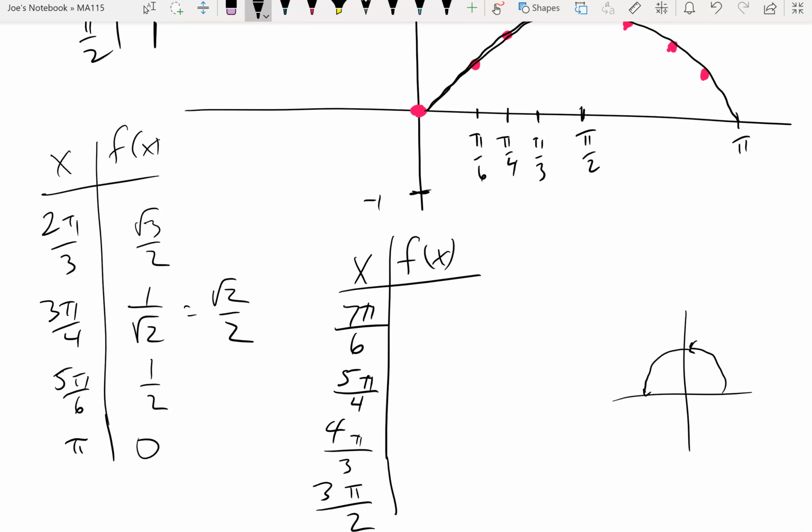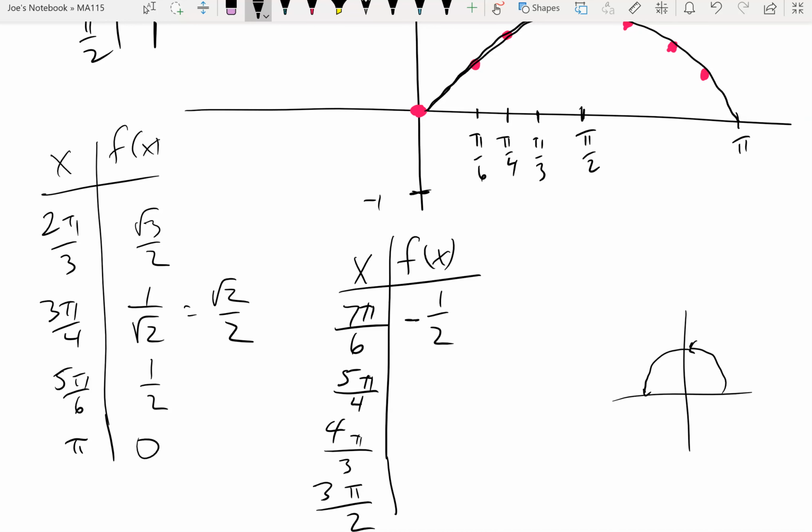Okay. Now let's think of the values. Well, we just said the reason why we picked these is because we know the reference angles, right? The reference angle for the first one's pi over 6. What's the sine of pi over 6? 1/2. But what quadrant are we in? Third. So what needs to go out in front? Negative.